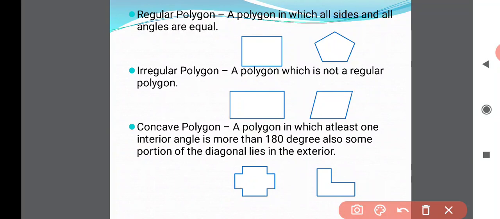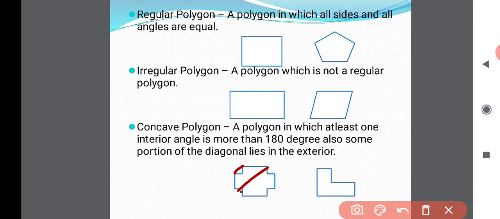Now the second thing: if we join the non-adjacent corners, vertices, I'll get a diagonal that actually lies in the exterior of the polygon. We can find a few which lie completely inside, but not all.